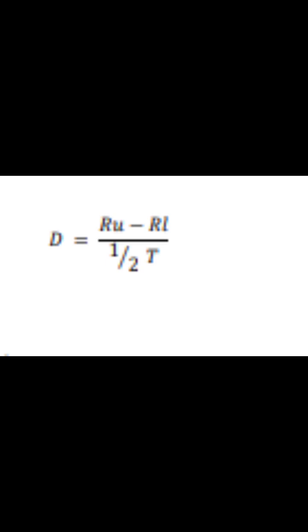To determine the level of discriminating power, we can use this formula. D means the index of discriminating power. RU means the number in the upper group who answered the item correctly.